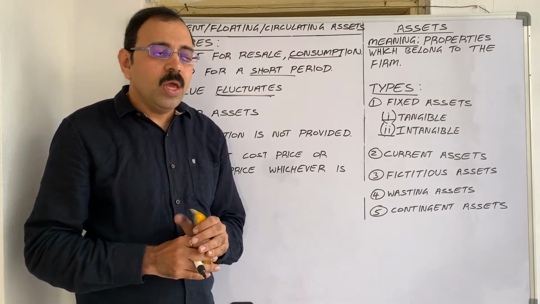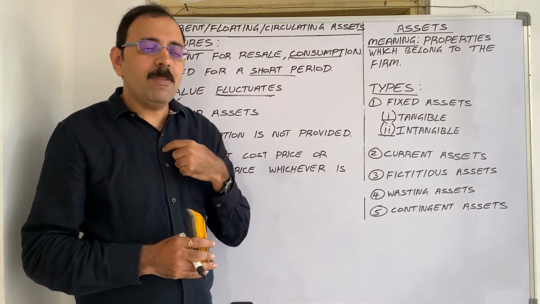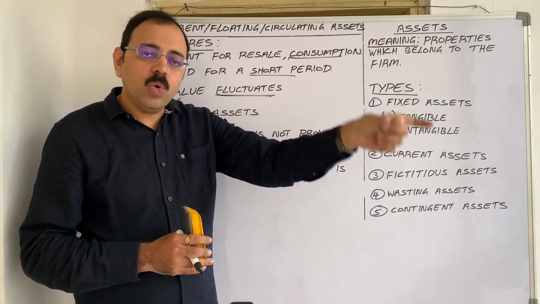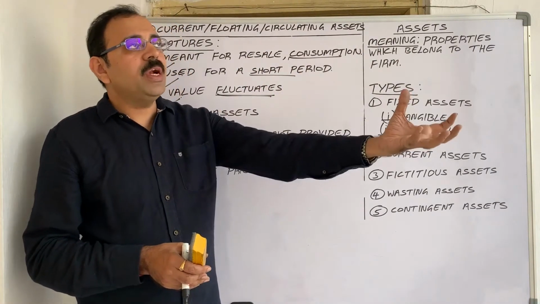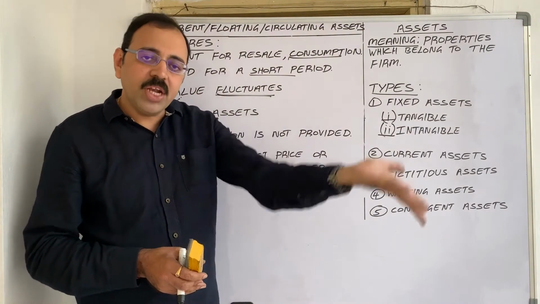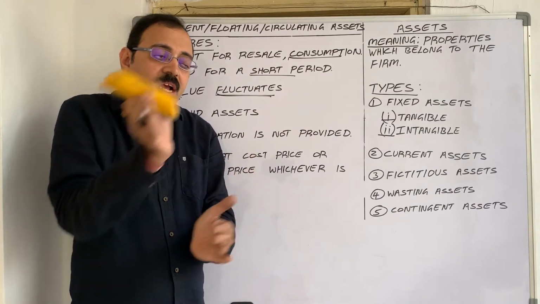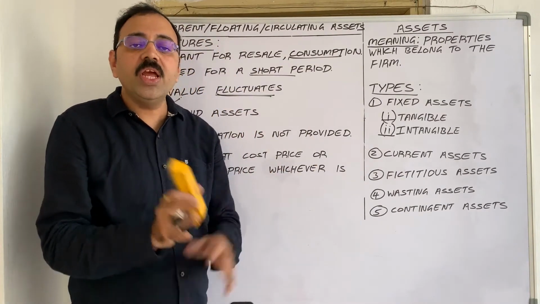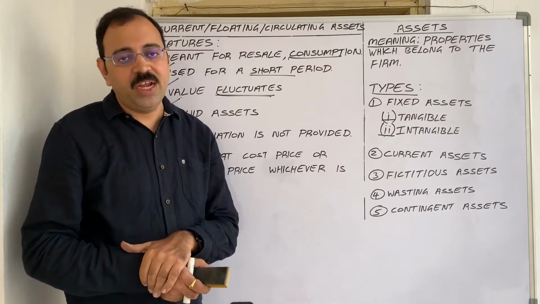Debtor means who? A person who is liable to us. The maximum credit period allowed to a debtor is 3 months, and within 3 months, from that particular debtor, we will get the money. That means the debtor will be converted into cash form. Thus, all current assets we can convert into cash form within a short period. So current assets have liquidity quality.